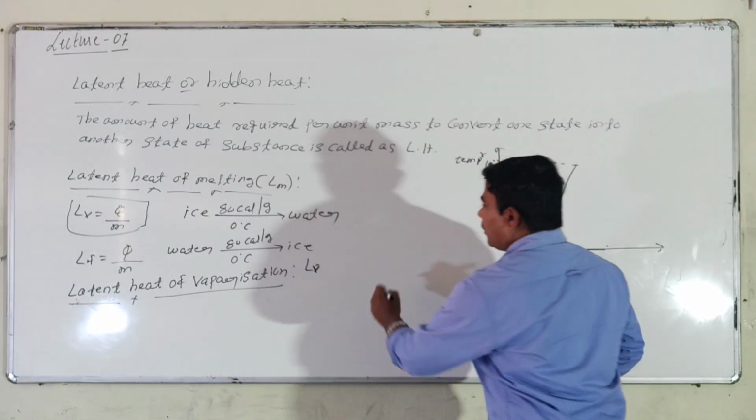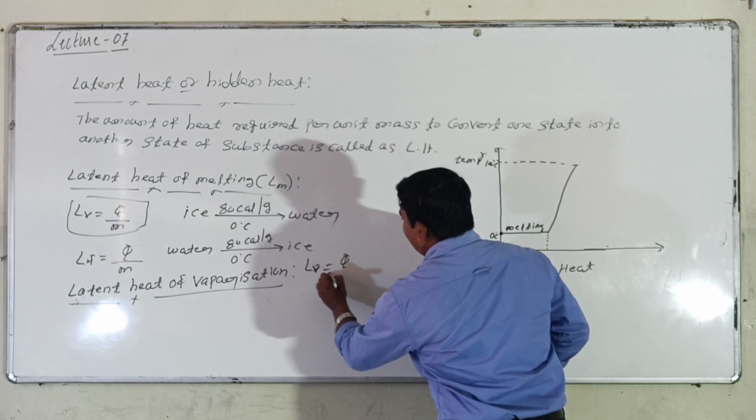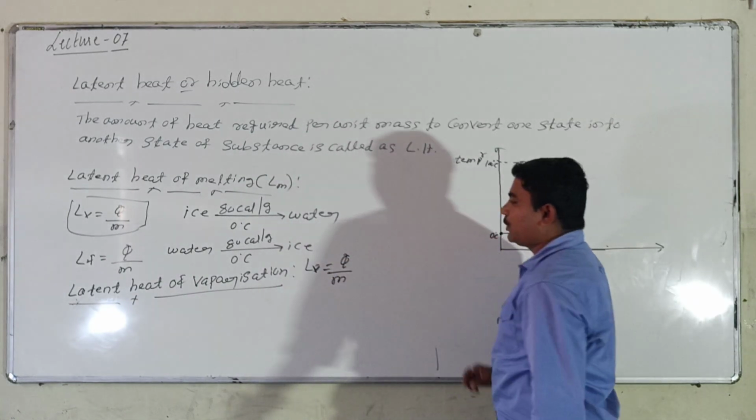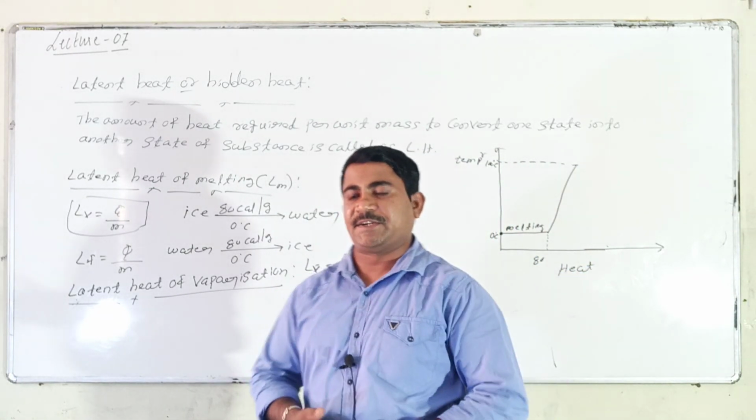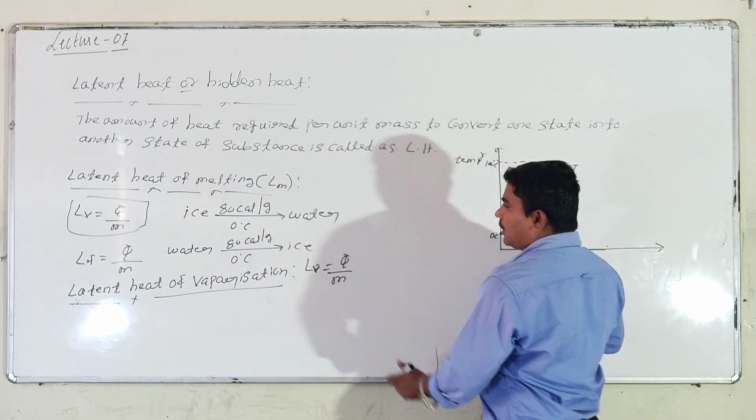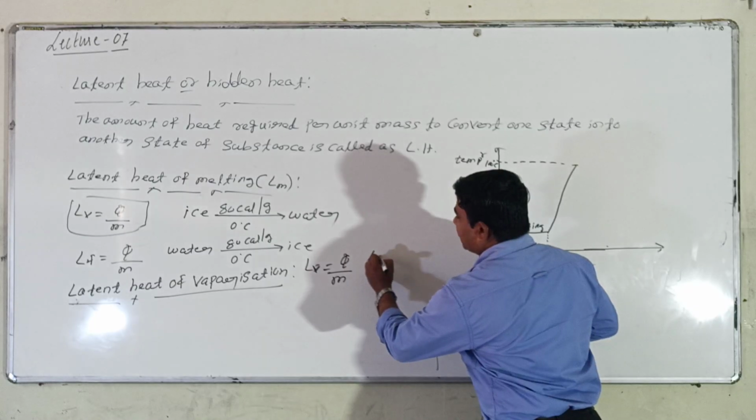Latent heat of vaporization is the amount of heat required per unit mass to convert liquid state into gaseous state.